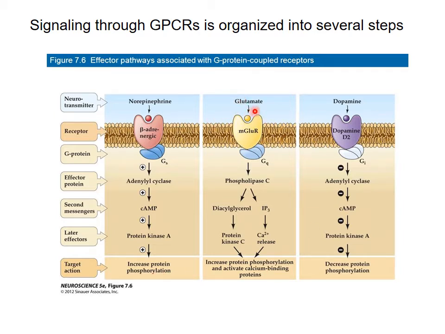One is binding of glutamate to mGluR receptors, which in this case are connected with Gq proteins.